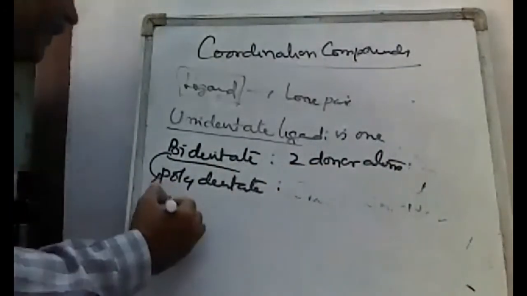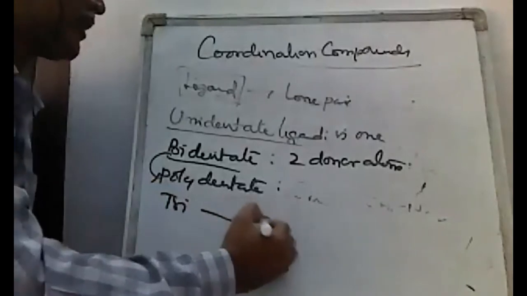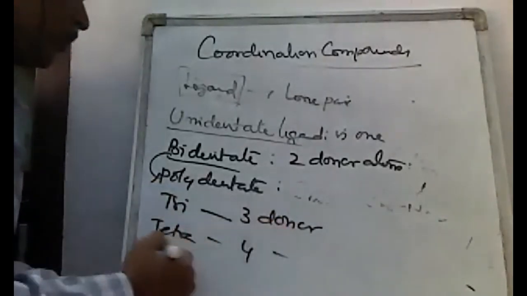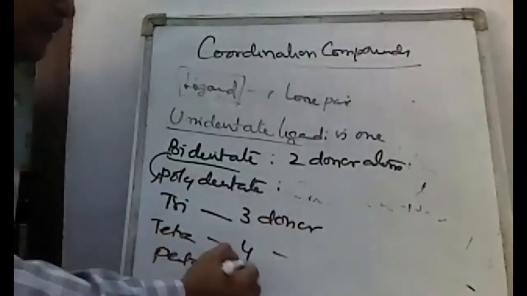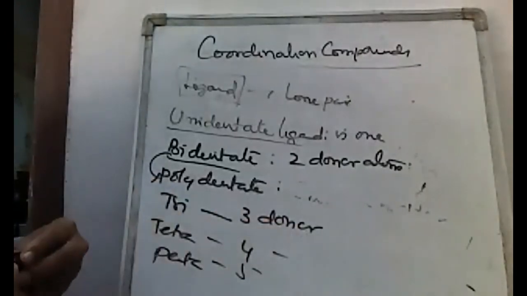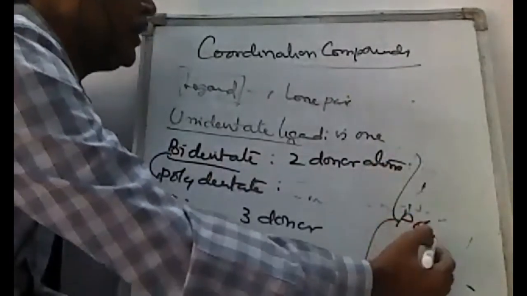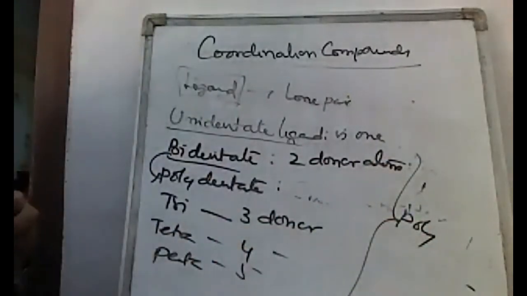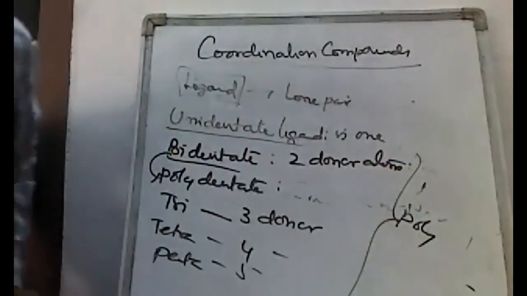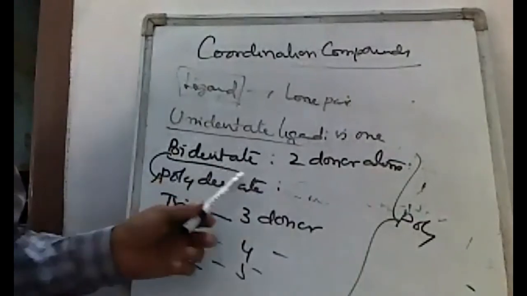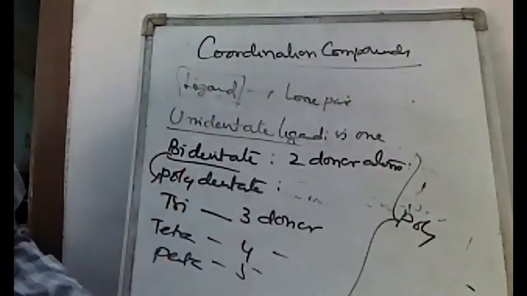Tridentate means which has three donor atoms, tetradentate four donor atoms, pentadentate five donor atoms. Bidentate onwards, all these we are calling polydentate ligands, which have two or more donor atoms.